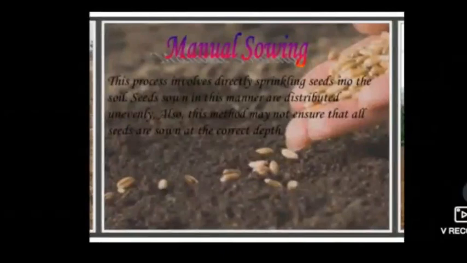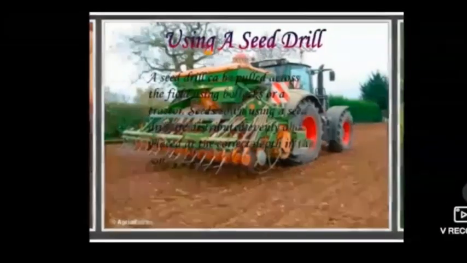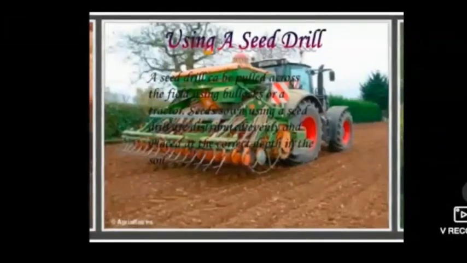This is your manual sowing and this is your traditional method. In this picture, using a seed drill, this is your modern method. Nowadays, seed drills are used for sowing with the help of a tractor.